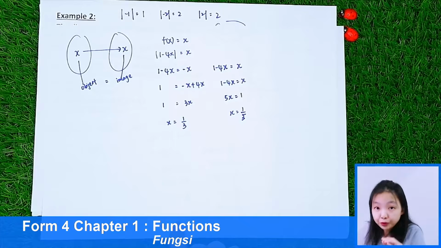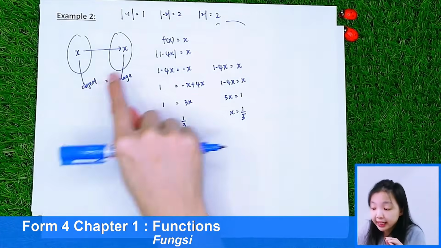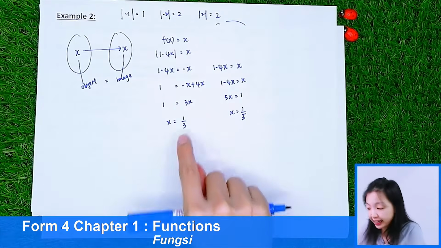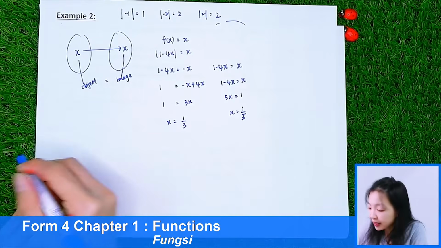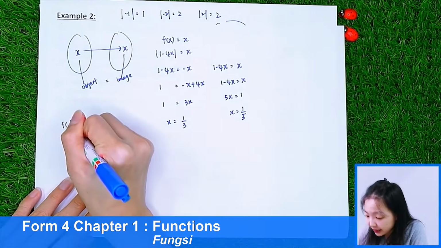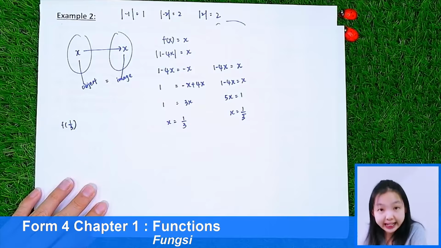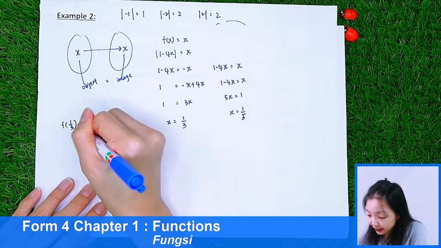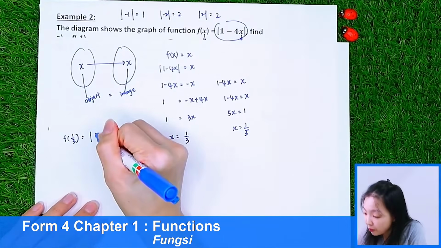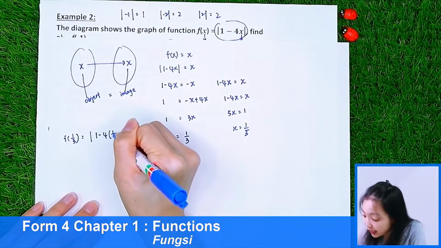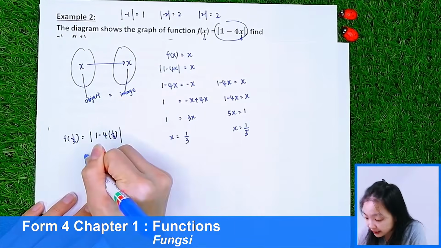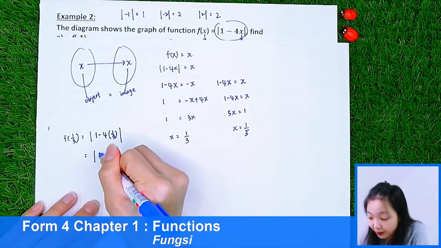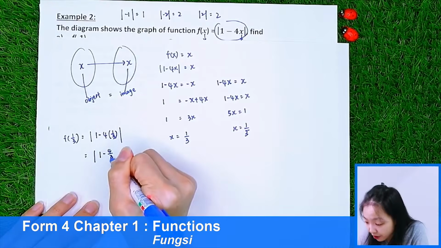Okay, let me prove to you what is meant by the object and image are the same. Let me choose this. When x is 1 over 3, the function is modulus of 1 minus 4 over 3.